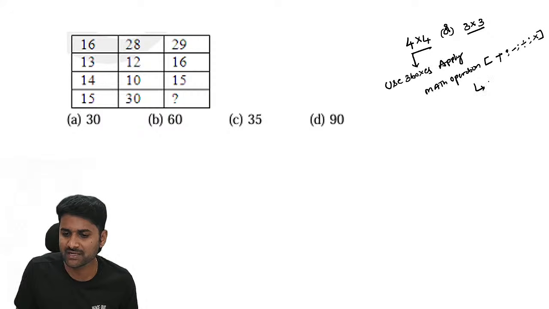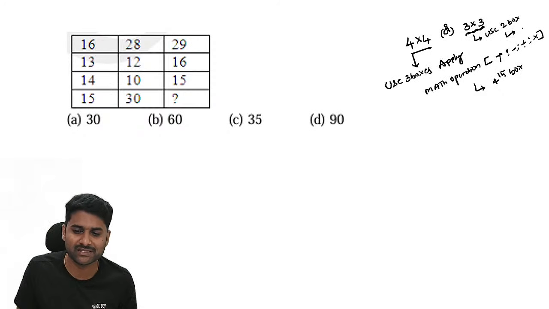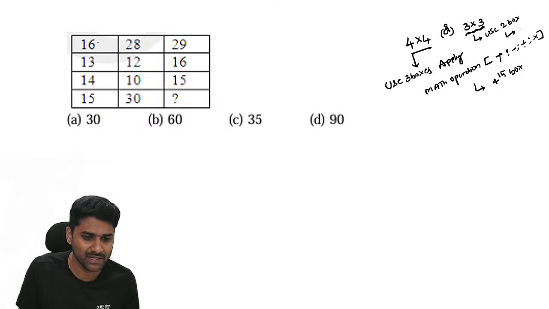It gives the resultant of the fourth box. Same way, for a 3 into 3, use any two boxes, apply the proper mathematical operation, it gives the resultant of the third.